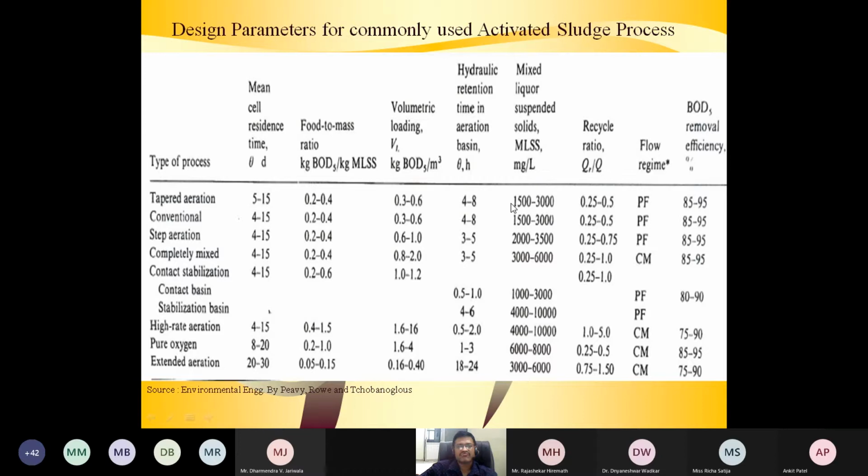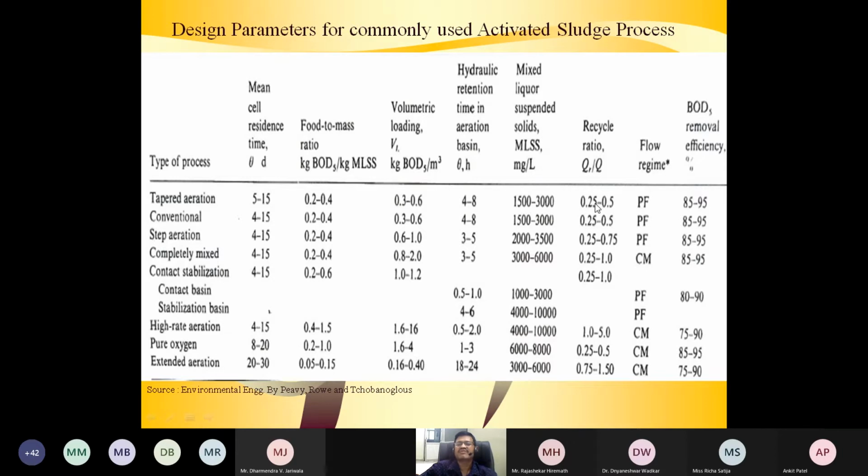So for maintaining this in the reactor at 2000 or 3000, we have to recycle. The recycle ratio for maintaining this is 0.25 to 0.5. What does it mean? QR by Q. Whatever waste is going out of the aeration tank, if you recycle 50%, it is 0.5.